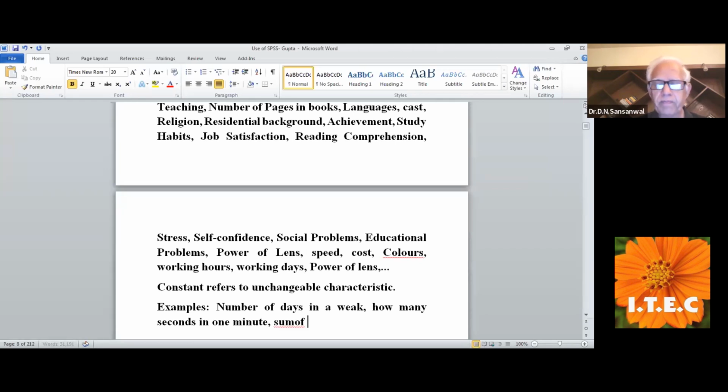Sum of three angles of a triangle. Everyone will say the same thing. Say total hours in day and night.